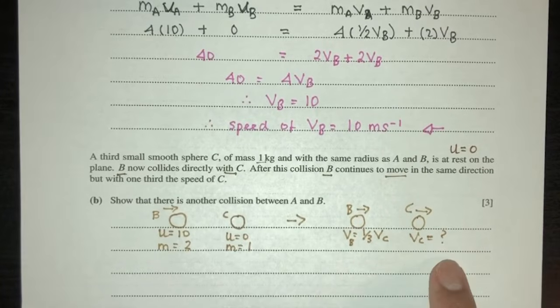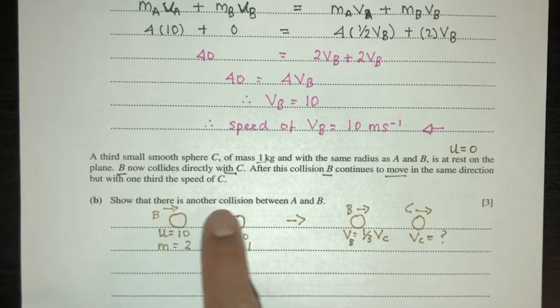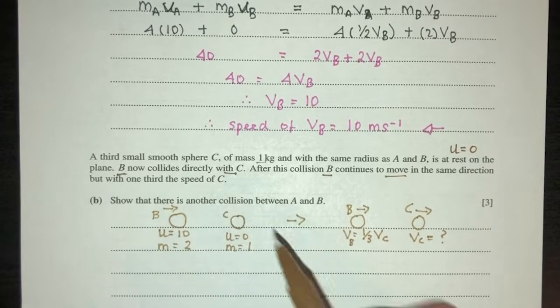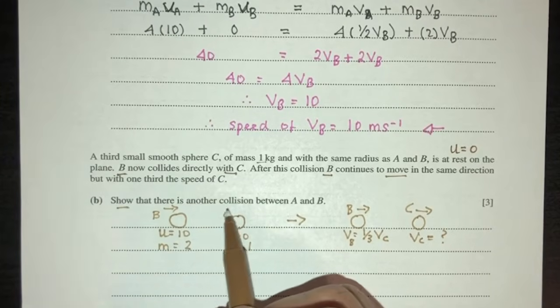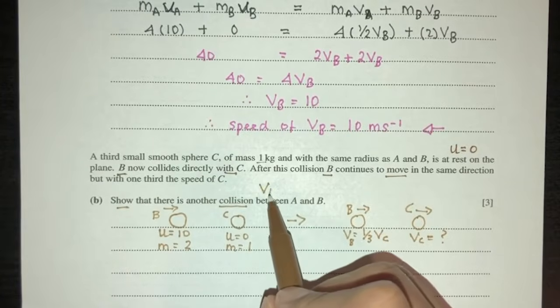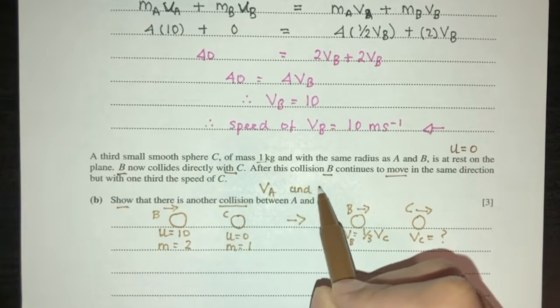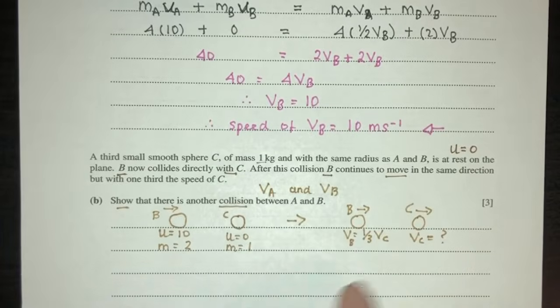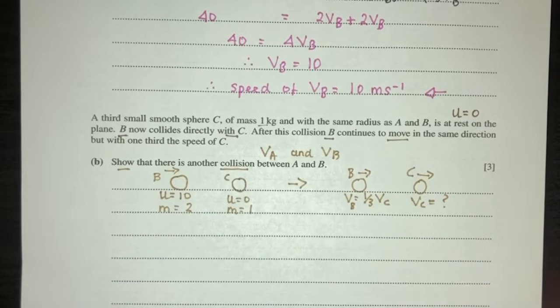So the main question is, show that there's another collision between A and B. So to know if this happens or not, we have to find VA and VB after B hits C. So let's first find the speed of C to be able to find the speed of B and then find that answer. Okay, so let's do that one by one. So same steps.